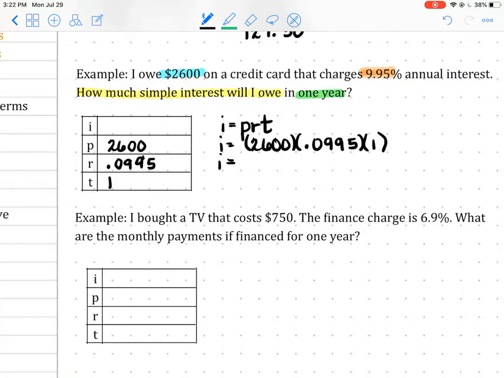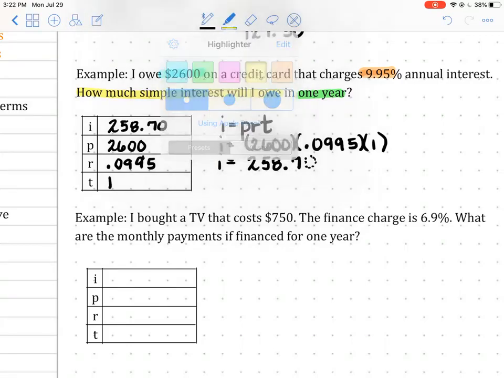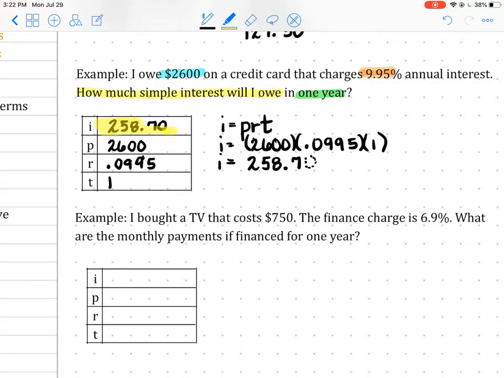So 2,600 times 0.0995 times 1 is 258.7. So you add the 0 and you have your simple interest, $258.70. Again, that's the missing piece that we're trying to find.